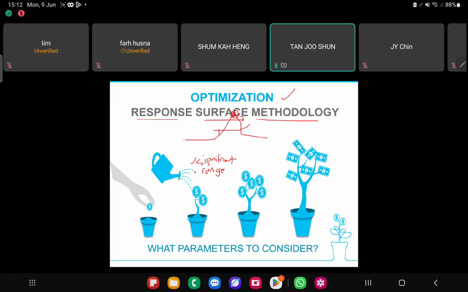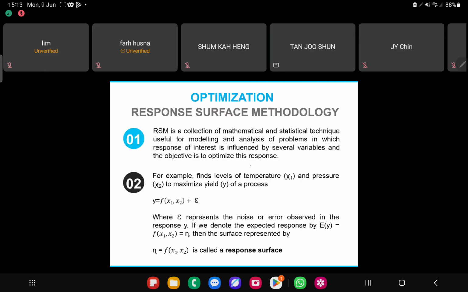Let's say you find the range is at this place, then no matter how you run, you cannot get the optimum point. So you need to know the range, and it must contain the optimum value. First is the significant factor, second is the range.